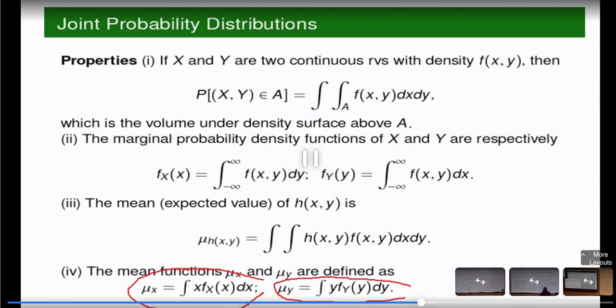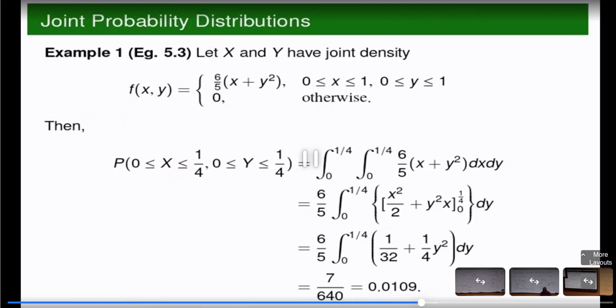Okay. Now, I'm going to go into an example. Please, I need you to pay attention. Take a look at this. Let x and y be jointly distributed as that. Maybe x here is the proportion of time the walk-in facility is used in a bank by customers, and y is the proportion of time the drive-in facility is used.